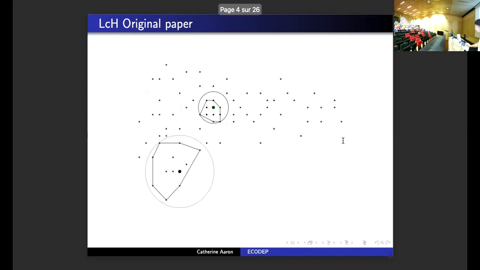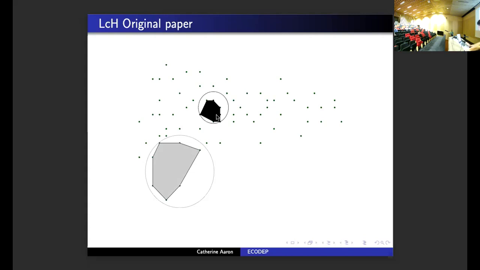So here is a little graphic to try to illustrate that. I take a point. I take its 12 nearest neighbors. I compute the convex hull. I do the same with this point and with every point, by the way. And then I compute the volume. This volume is larger than this one, so I plot this convex hull first in a light gray, and this one is the smallest, so I fill it with black.